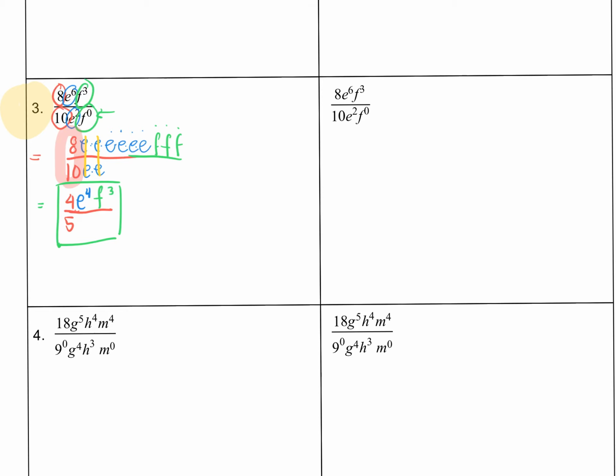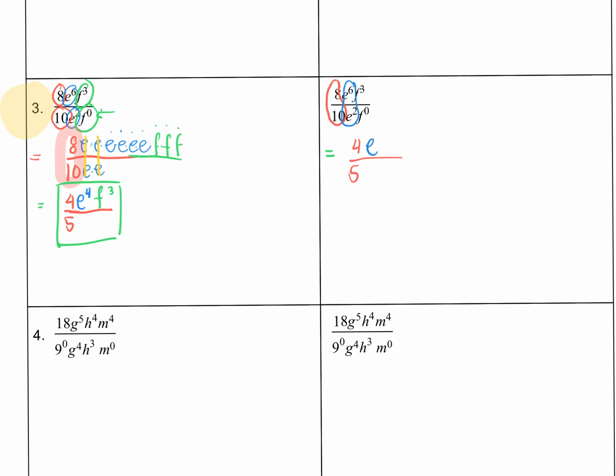Now let's look at the other side and show the properties that we could use. So again, for 8 over 10, we can also just go ahead and put that straight in our calculator, and that is going to give us 4 over 5. I immediately think this is a quotient.